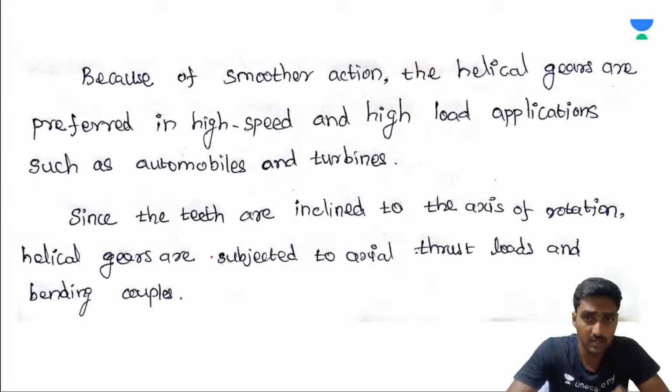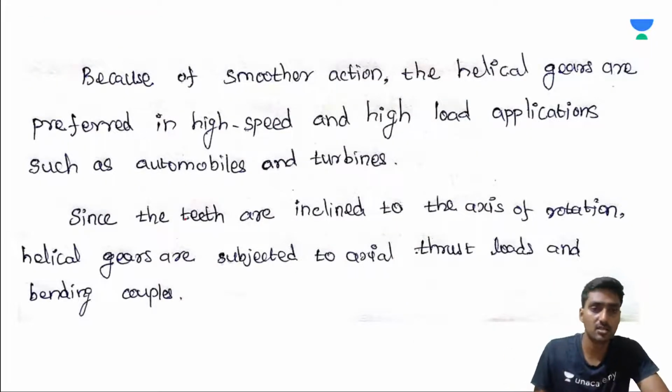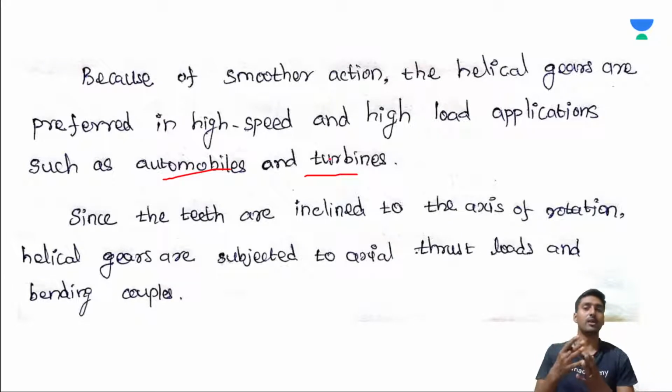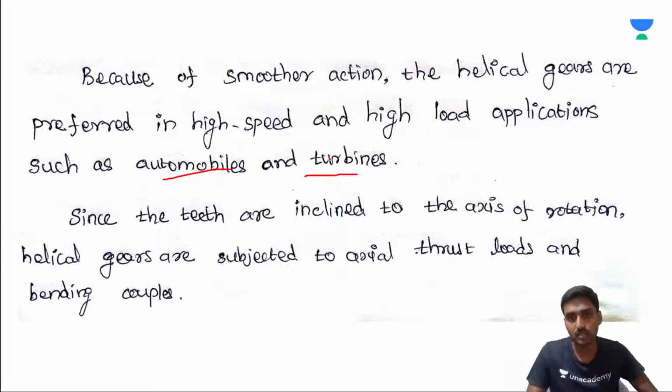Because of smoother action, helical gears are preferred in high speed and high load applications such as automobiles and turbines. In automobiles, such as a car or bike, obviously we don't like extra noise. So in order to reduce the engine noise, in automobiles they go for helical gears. Nowadays they are using double helical gears.